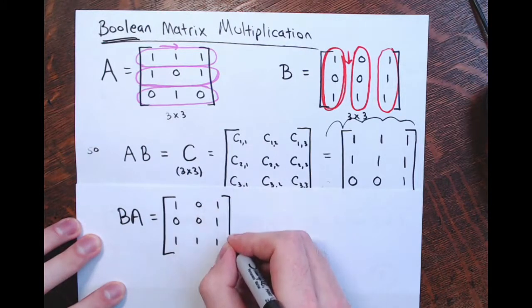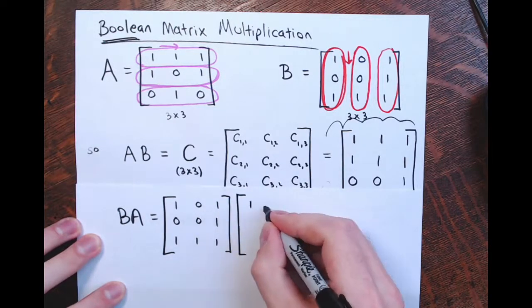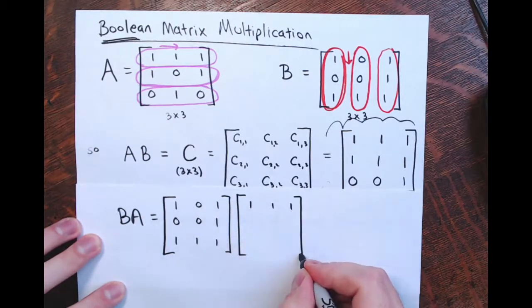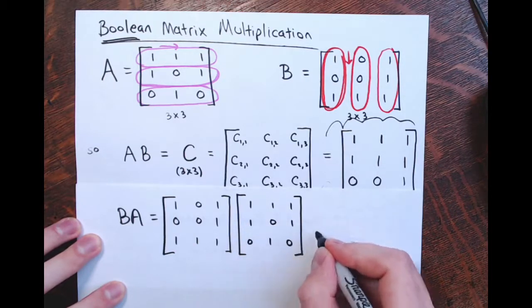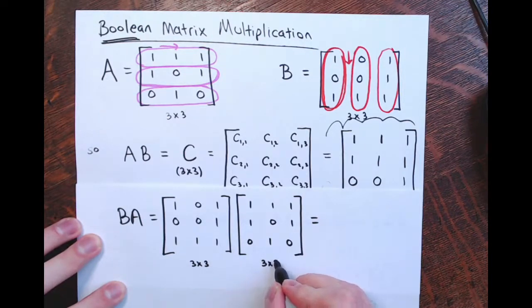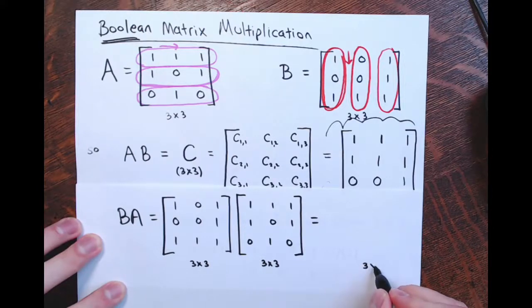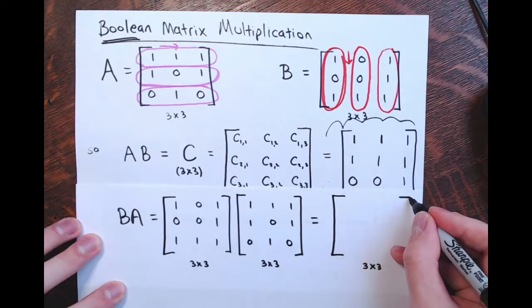There's matrix B times matrix A, which had the 1, 1, 1, 1, 0, 1, and 0, 1, 0. And it's a 3 by 3 multiplied by a 3 by 3. So the result will be a 3 by 3. So I have 9 entries to fill.